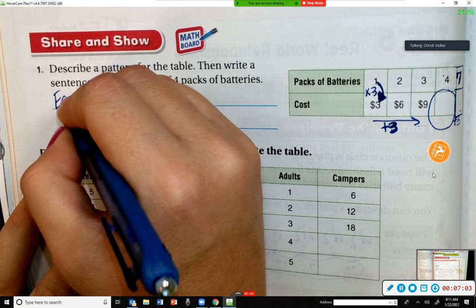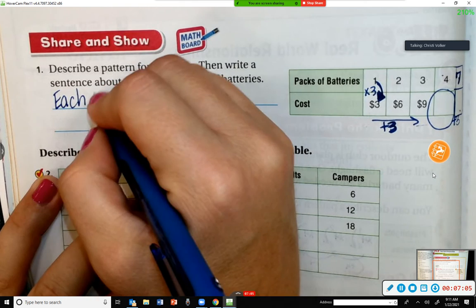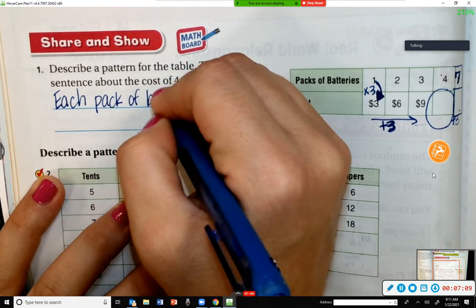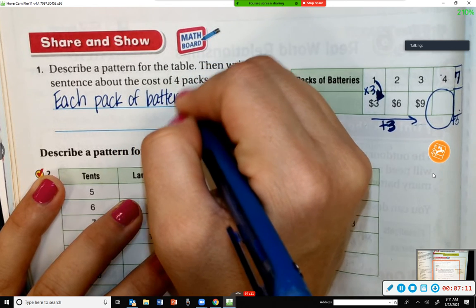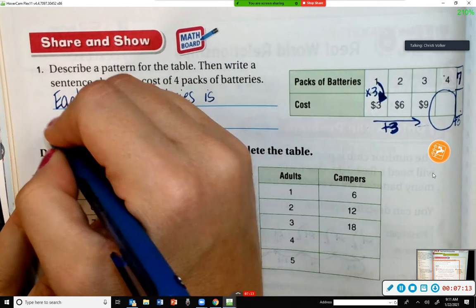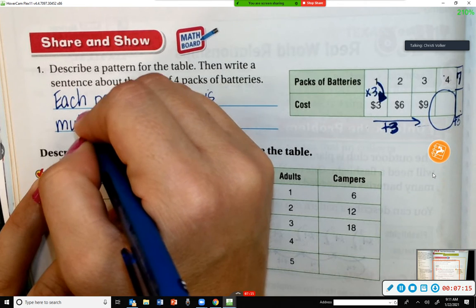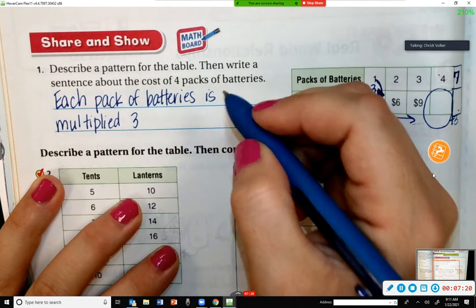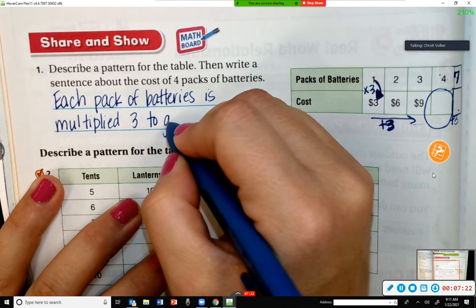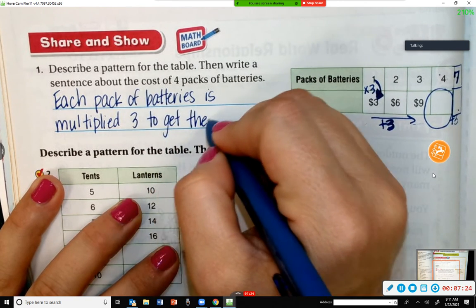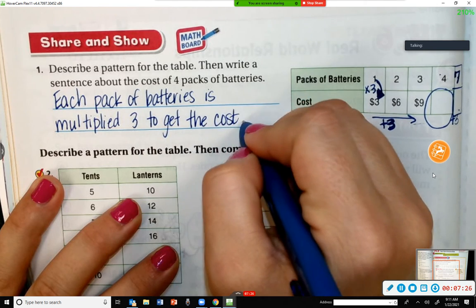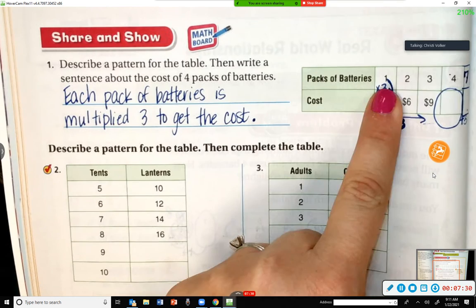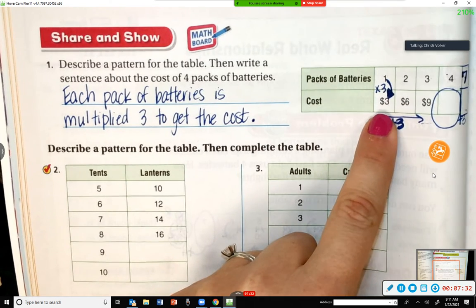Each pack of batteries is multiplied by 3 to get the cost, right? Okay, so we have to multiply the packs of batteries by 3 to get the cost.